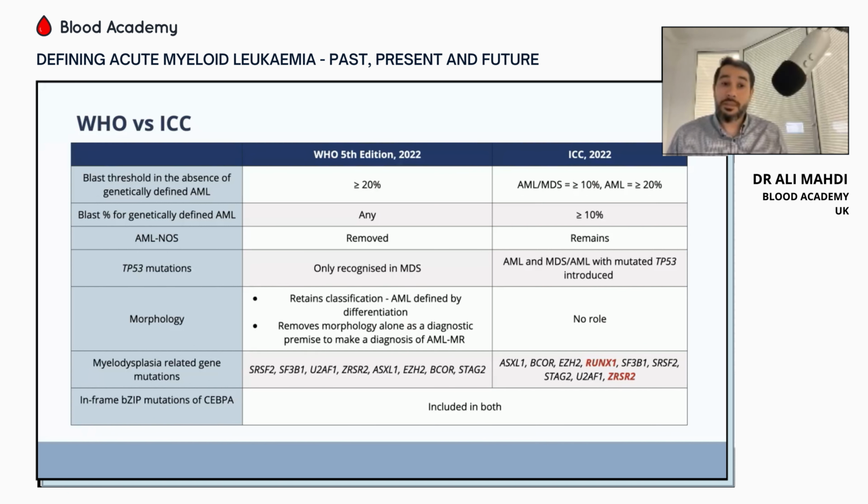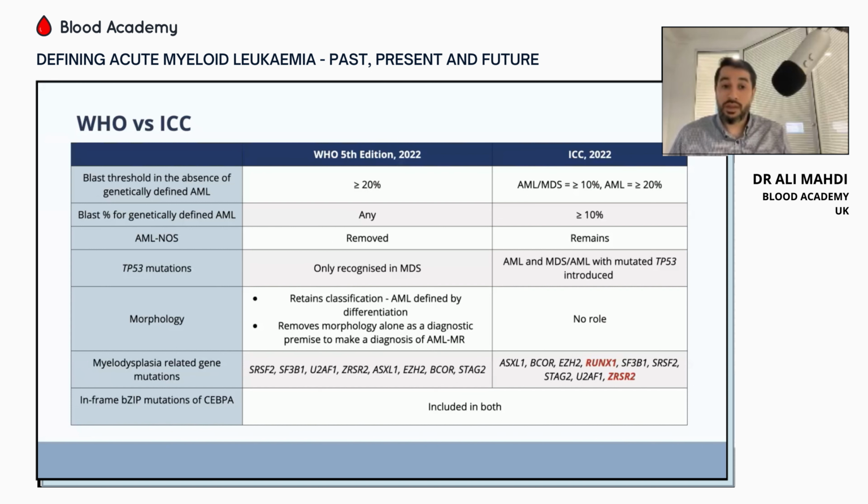The AML not otherwise specified category was removed by the WHO because it was thought that you could still apply a classification to a patient because of the fact that the morphological differentiation, that list that I showed you, was still there, whilst the ICC retains the AML-NOS, not otherwise specified category.